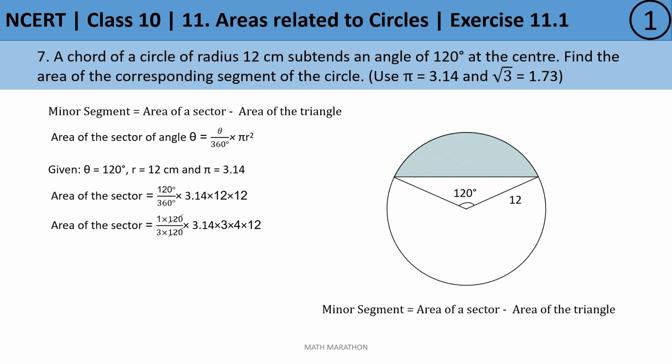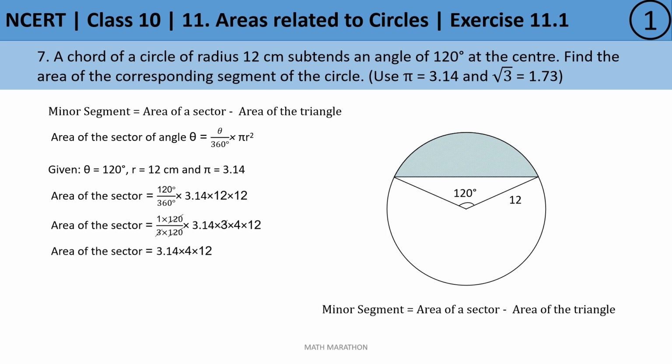In numerator and denominator, we have 120. We can cancel out 120. In numerator and denominator, we have 3. We can cancel out 3.